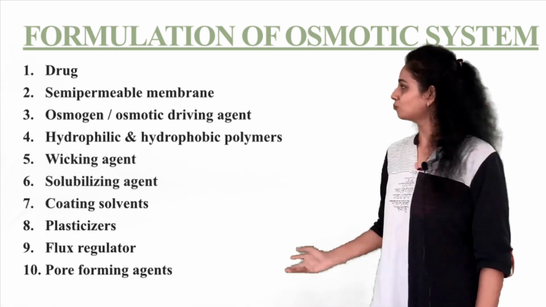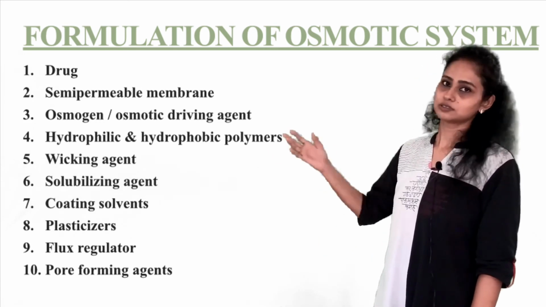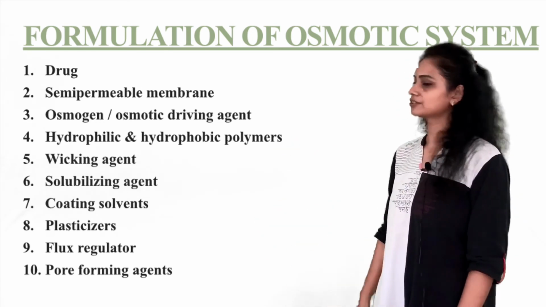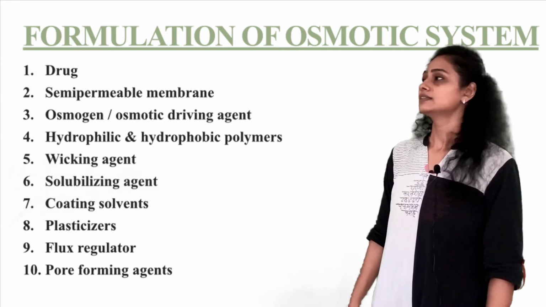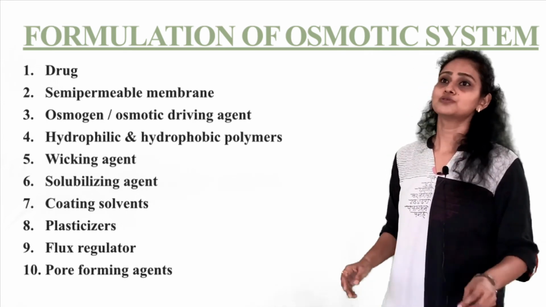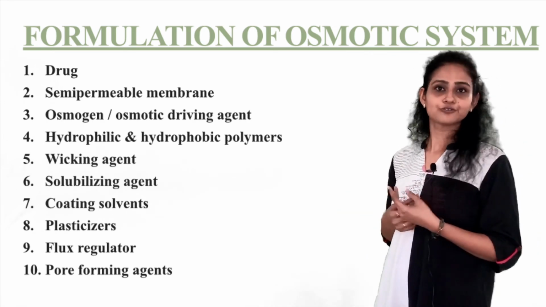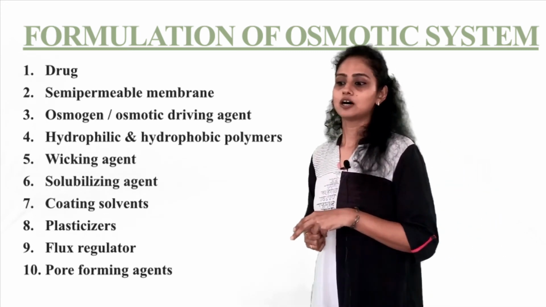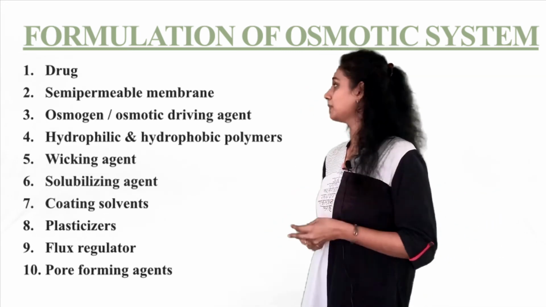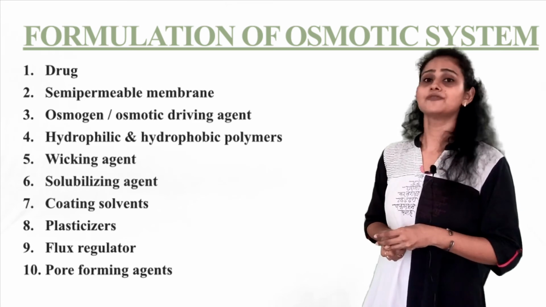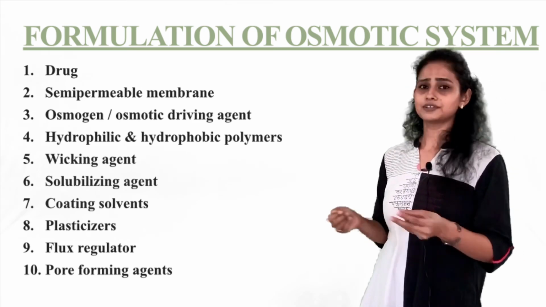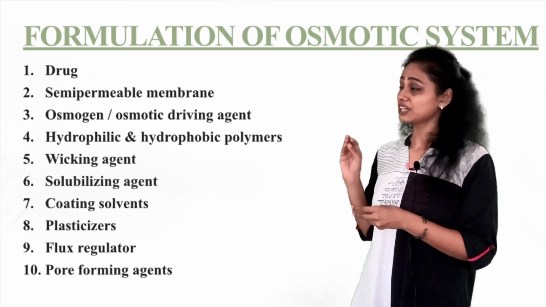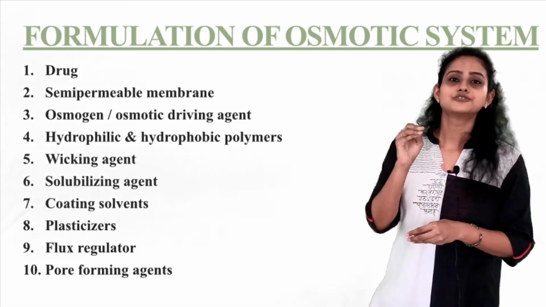The next is solubilizing agent. Of course, to modify the solubility of the drug, we can add surfactants, then plasticizers to change the viscosity of your dosage form. Then we may add pore forming agents. Then flux regulator. These are the different agents which we can add into our drug formulation.